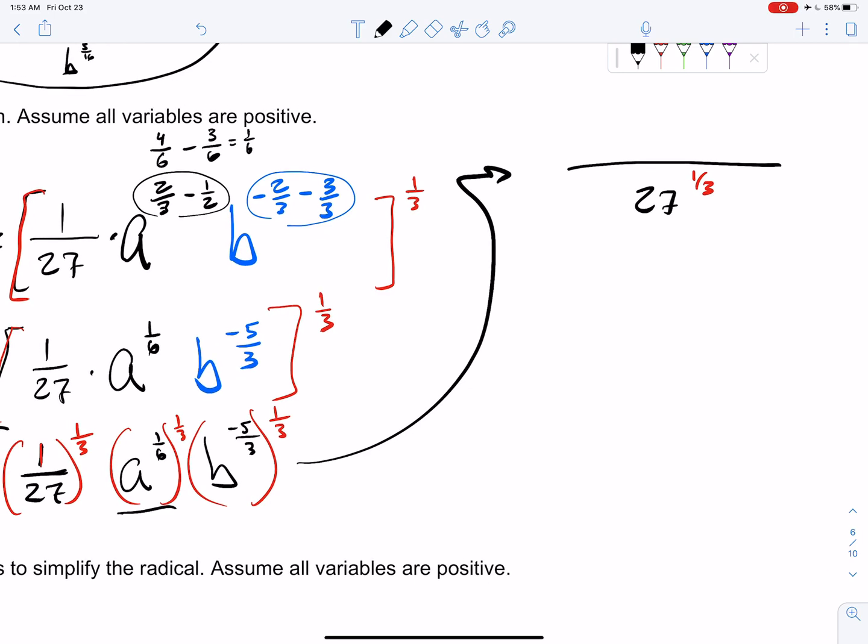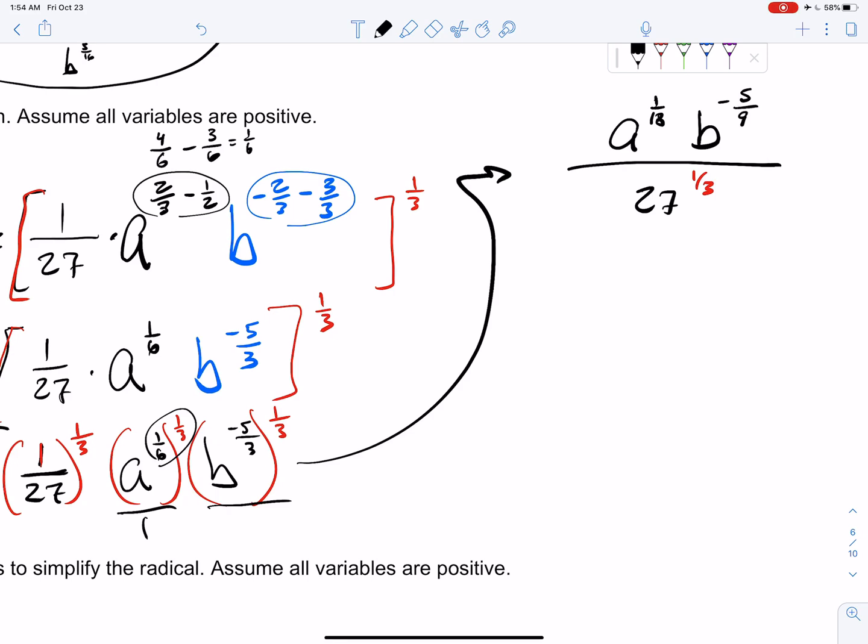And we've got a, and we're going to multiply that, so that becomes a to the 1/18. And then that next factor, we've got negative 5/3 times 1/3, so it's going to be b raised to the negative 5 over 9ths.